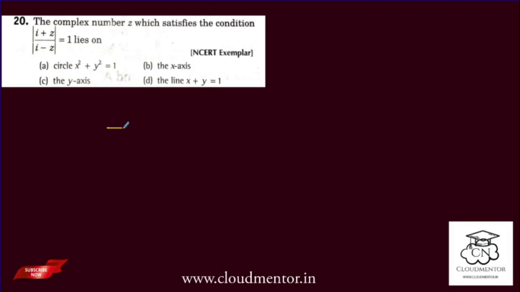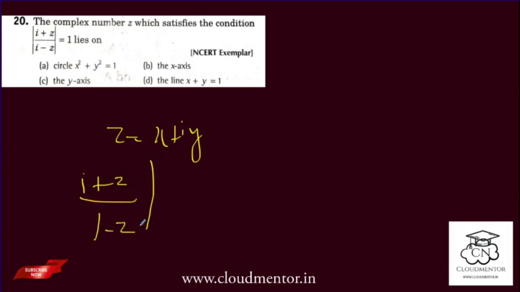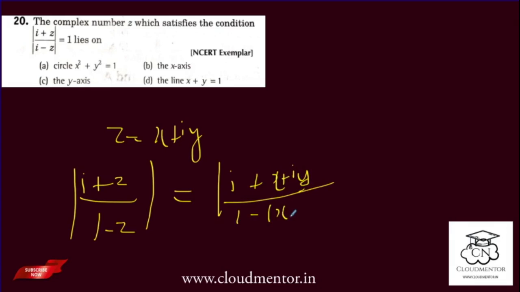I'm taking z as x plus iy, so we get modulus of 1 plus z by 1 minus z equal to modulus of 1 plus x plus iy, divided by 1 minus x plus iy, right? And that is equal to 1.